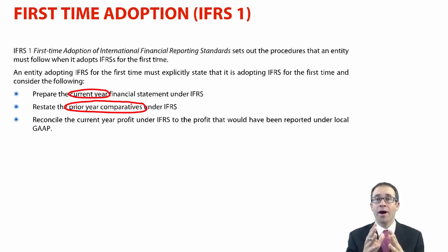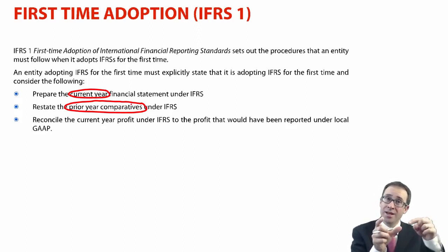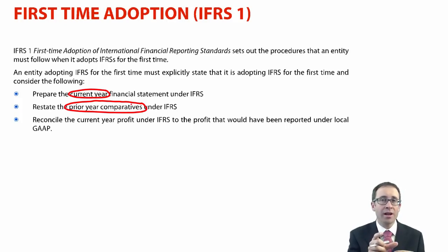So that means you need to go back to the start of the previous financial year and adjust your opening balances to be under IFRS. Effectively, there are three reporting periods that you need to adjust for: this year's, last year's, and in order to get last year's opening balances, you're going to have to restate the previous year as well, to ensure that everything is under IFRS.